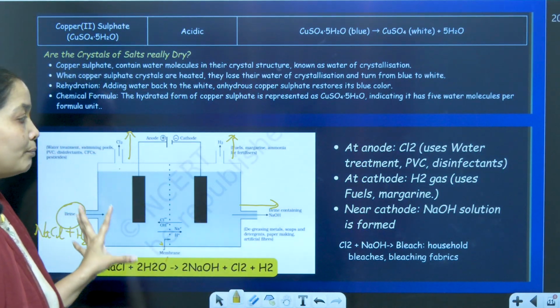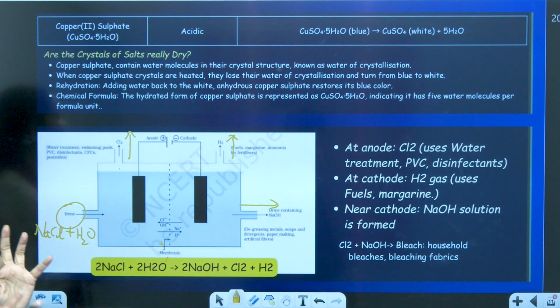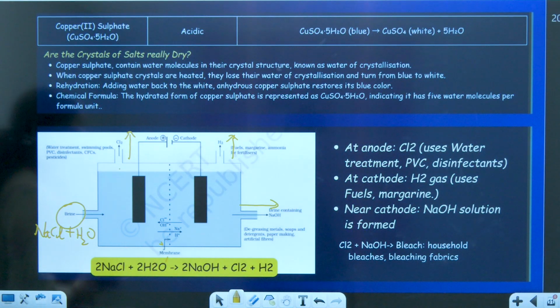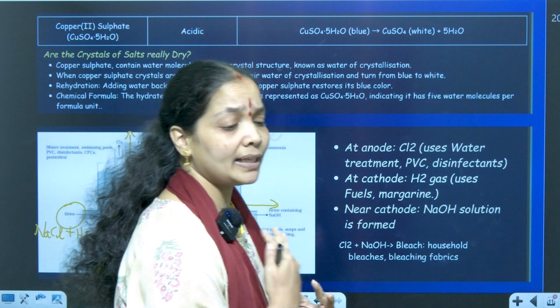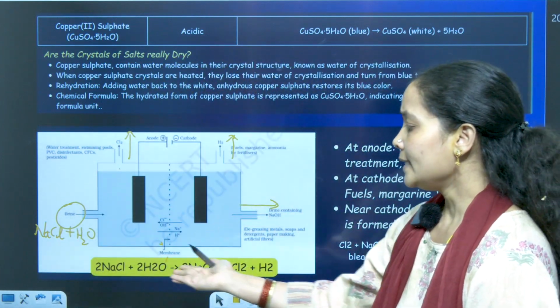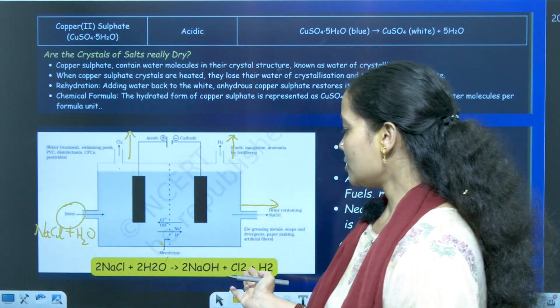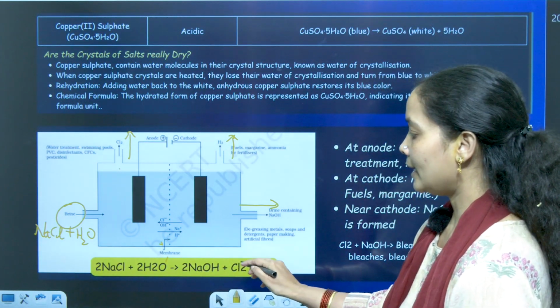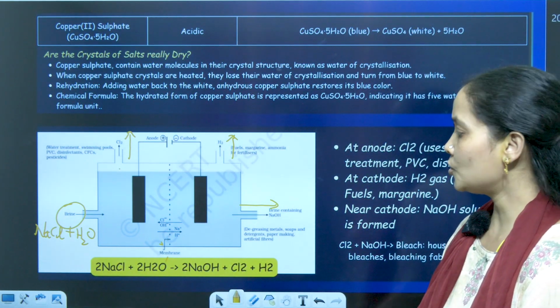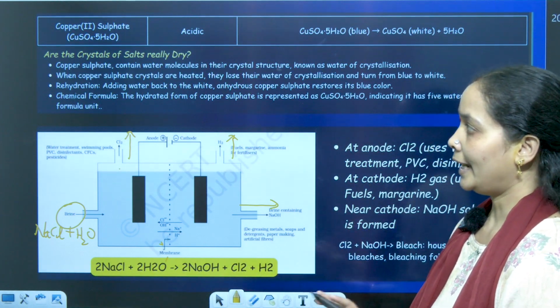So this is an important chlor-alkali process which is majorly given as a 5 marker, and you are provided with many reactions here, like NaCl plus 2H2O gives NaOH plus Cl2 plus H2. So these are the important outputs, that is 3 important things collected: sodium hydroxide, chlorine and hydrogen.